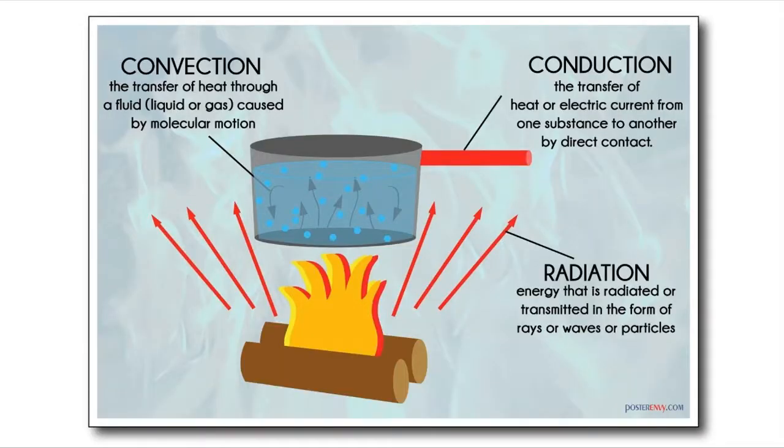To explain more about convection and conduction in the picture, conduction is the transfer of heat or electric current from one substance to another by direct contact. Meanwhile, convection is the transfer of heat through a fluid, liquid or gas, caused by molecular motion.